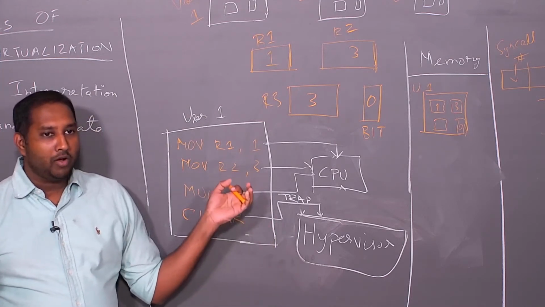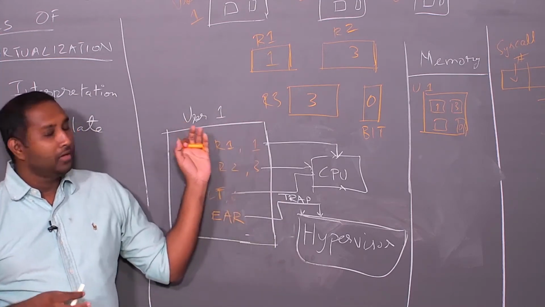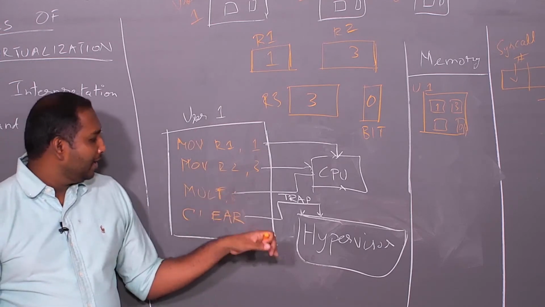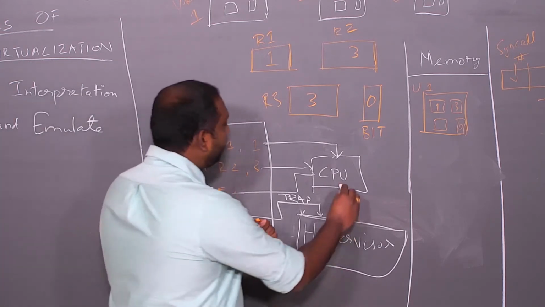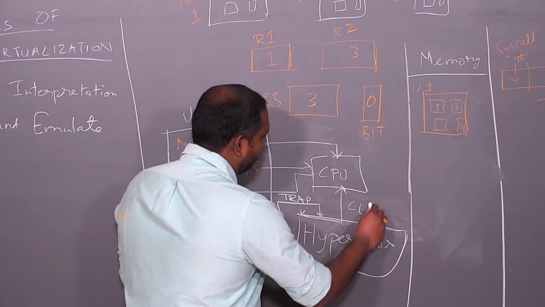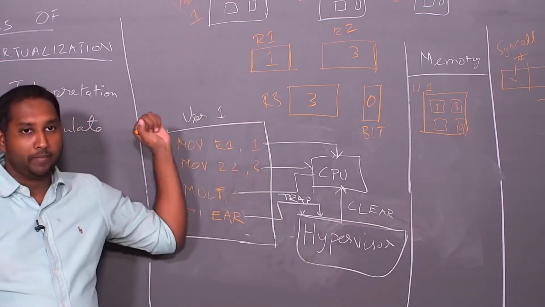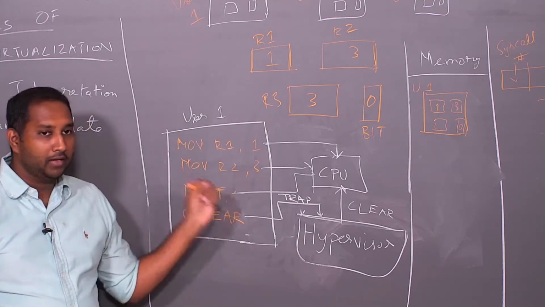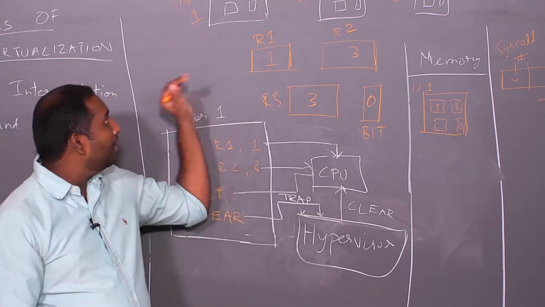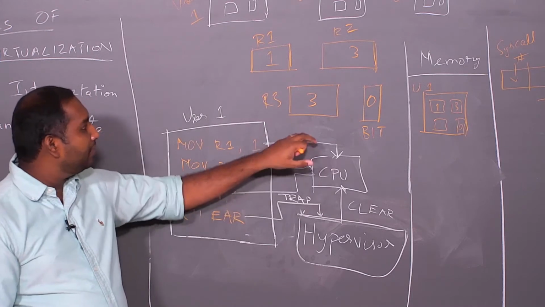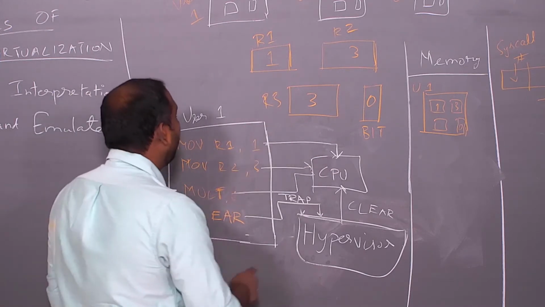We don't have to do any context switch or anything, only user process 1 has been running so far. Let's go ahead and do clear. The hypervisor will do clear on behalf of user 1. So user 1 is not executing clear. The hypervisor is executing clear on behalf of user 1. So on the physical CPU, everything goes to 0.